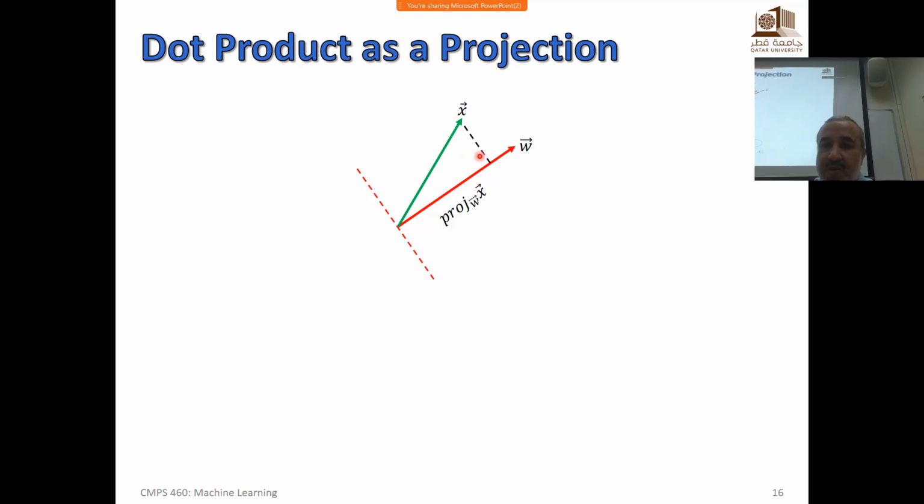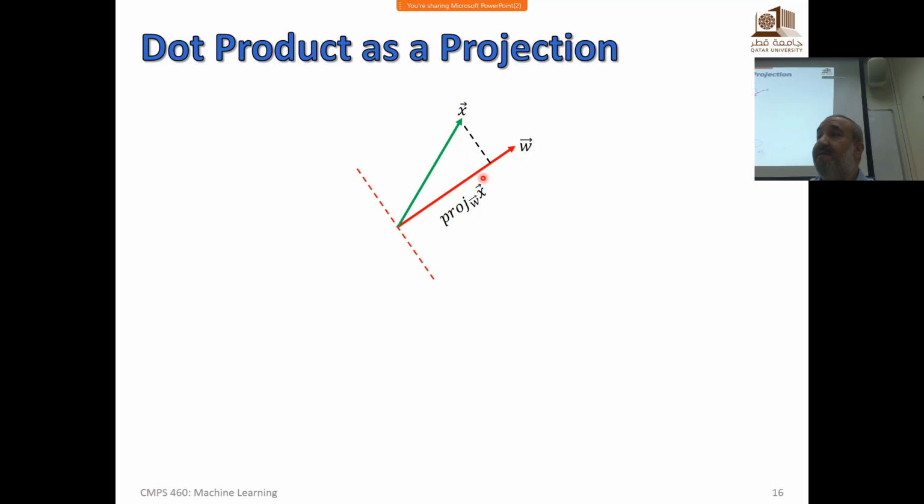So the value of the dot product is actually part of the weight vector, which is the projection of the x vector on the w vector. So this is from linear algebra. The dot product means projection. So this will now be the projection of x on w. Fine.